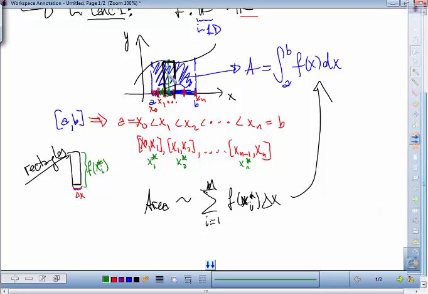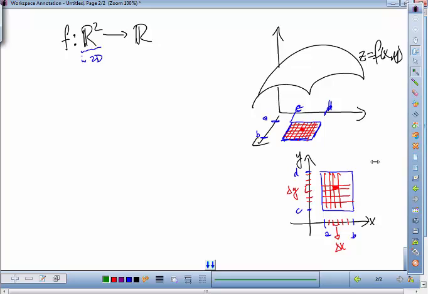And then we put that value into the function to give us our rectangle, and then we found the area. Well, as you can imagine here, we're probably looking for the volume under the surface. So we're looking at a three-dimensional object. A volume is what we're looking for.